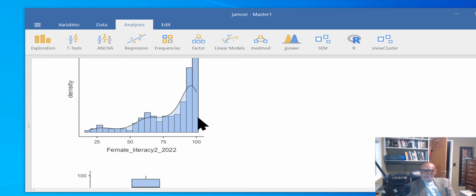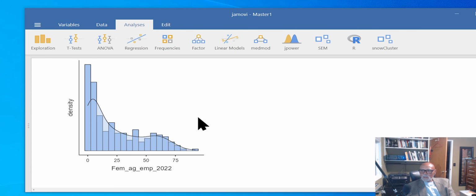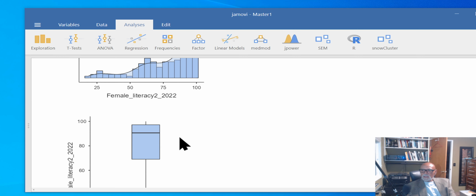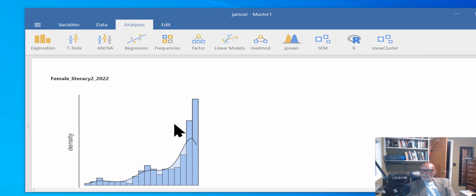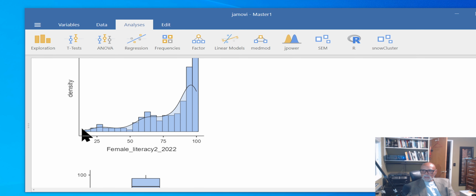Each one of these. So this one is skewed to the right. This one is skewed to the left. So the skew is always in the direction of the smaller frequencies that pull the distribution in that direction. The highest bars, just think about it this way: if you were on a skateboard, which way would you want to go? This way. And that would be skewed to the left.